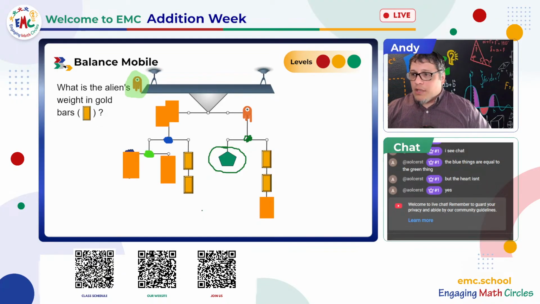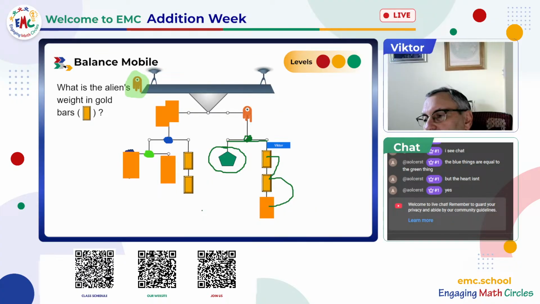How many? Three, because they are equal. They are balanced. One pentagon balanced with three gold bars, as we established, right? Number one, number two, and number three. Awesome.